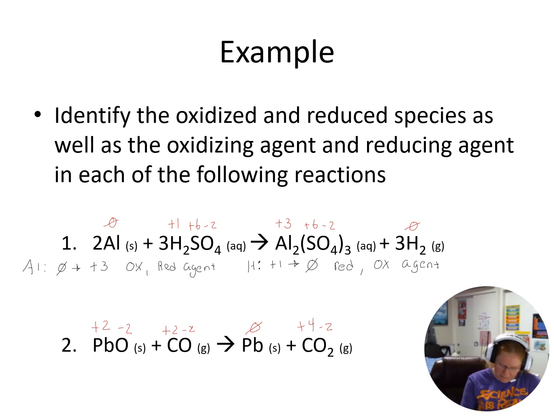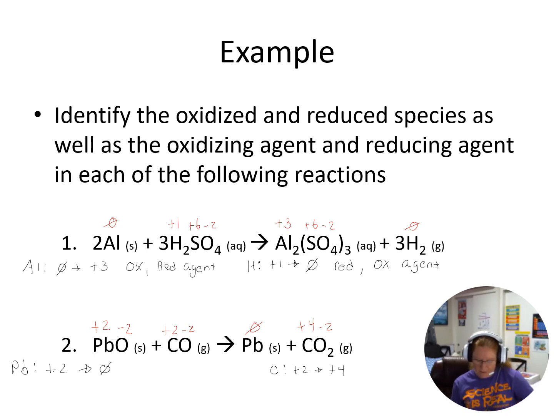All right, so let's take a look at the lead. Lead went from +2 to 0, okay? Carbon went from +2 to +4. Okay, what happened here? So lead went from +2 to 0.